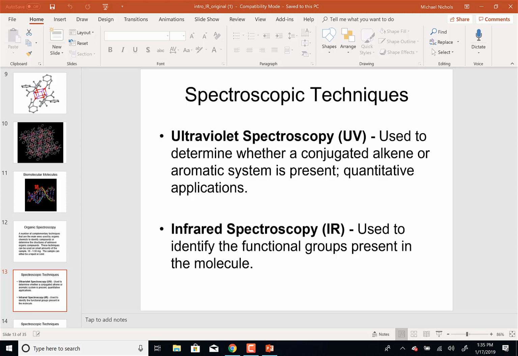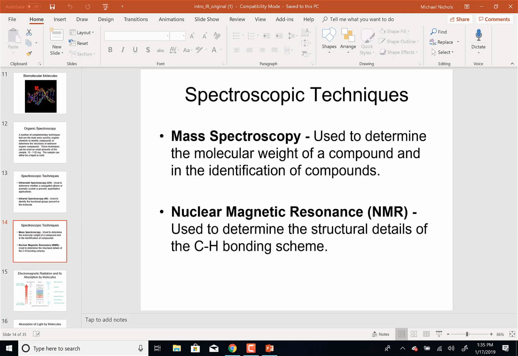Because for that molecule to transmit visible light, it has to absorb visible light. And today we're going to talk about infrared, which we use to identify the functional groups in the molecule. And then mass spectrometry, which can give us the molecular weight and give us the pieces of the molecule.